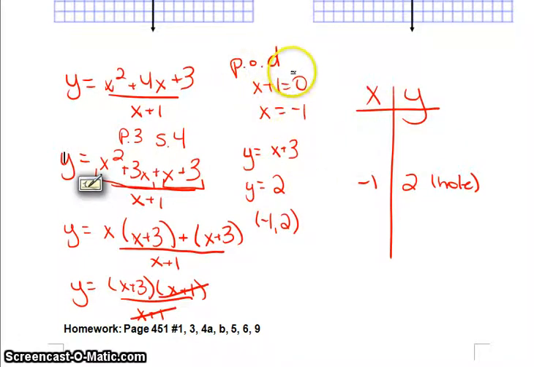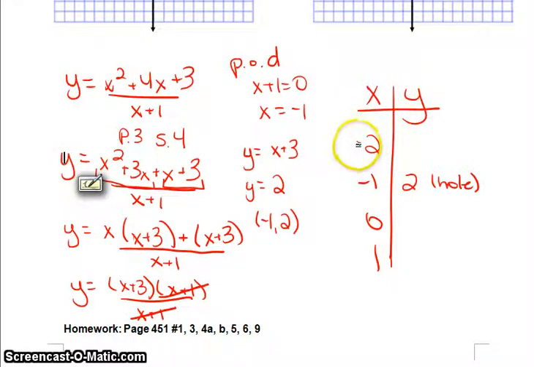This is linear, so we don't need to choose a whole lot of values there. As long as we see enough points to create that line, that's all that matters. So here we have, let's go with say negative 2, 0 and 1. I'll keep some nice easy values there.